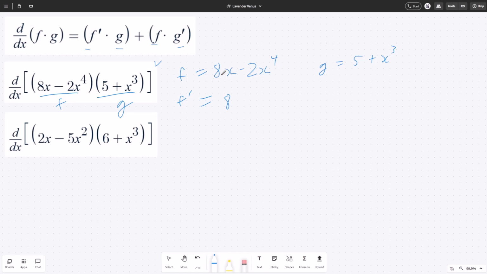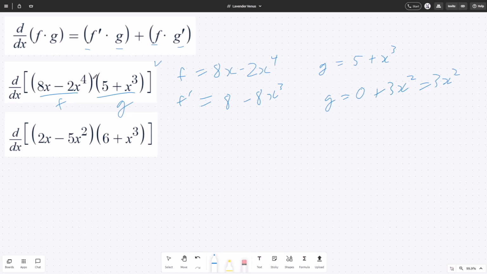For the next part, we have a 4, so we multiply the 4 in front, so it becomes minus 8, and we subtract 1 from the power, so we have minus 8x cubed. Now for g, once again, the derivative of a constant becomes 0, plus 3 comes to the front, and 3 minus 1 is 2, so we have 3x squared.